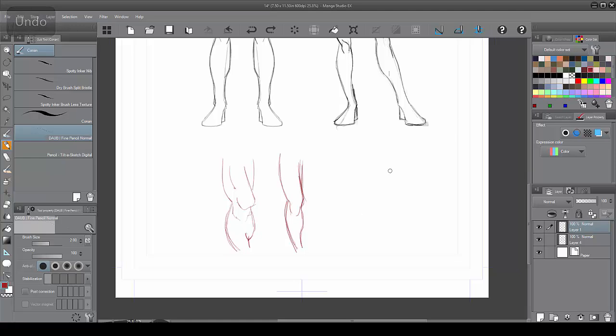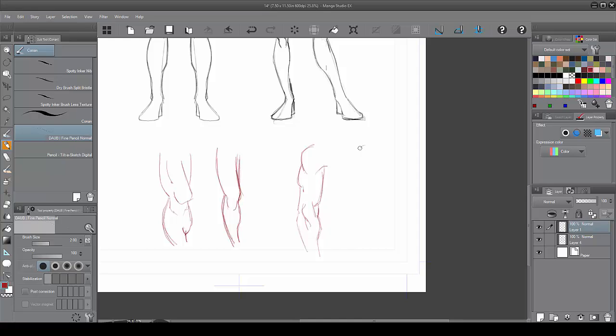Okay, it'd be the same if I was drawing an arm, say. And then on the female, I'd have the muscles a lot leaner. Still indicate them.